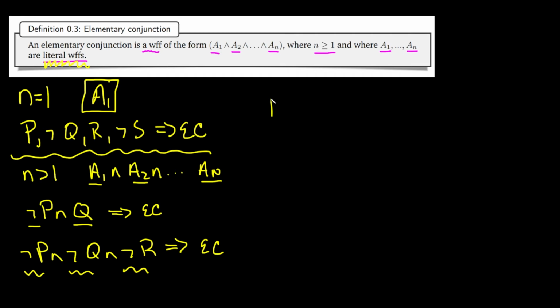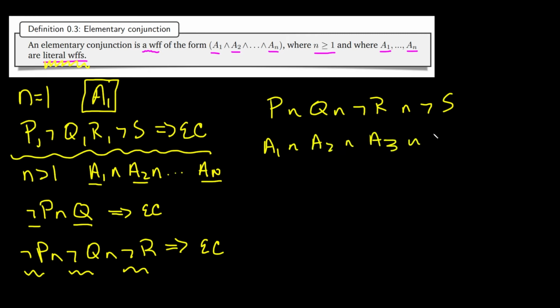Let's say we had P and Q and not R and not S. Well, notice that this formula has the form a sub 1 and a sub 2 and a sub 3 and a sub 4. And notice that when we look at each one of the a's, each one of the conjuncts of this formula, we see each one is a literal. And so that would mean that this particular formula is also an elementary conjunction.